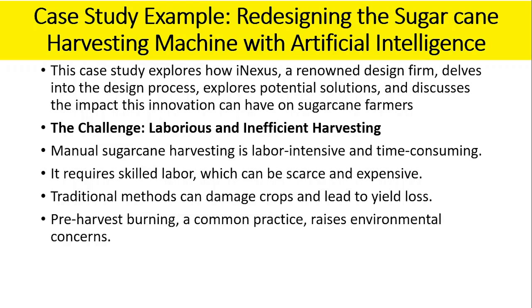The traditional methods can damage crops and lead to yield loss. The previous methods, the huge machines, spoil the soil quality and also affect the sugarcane stalk quality. Pre-harvest burning, a common practice, raises environmental concerns.